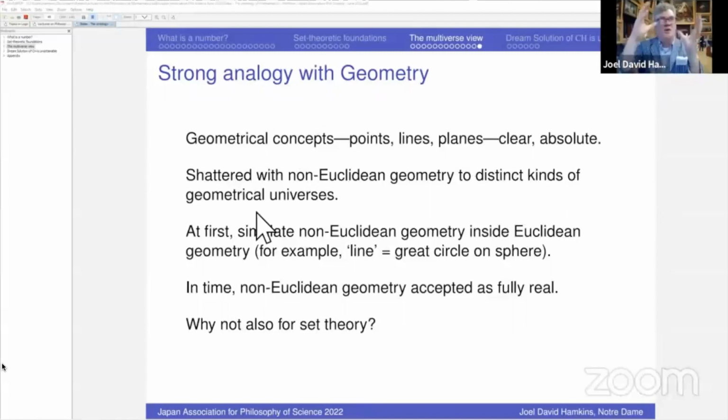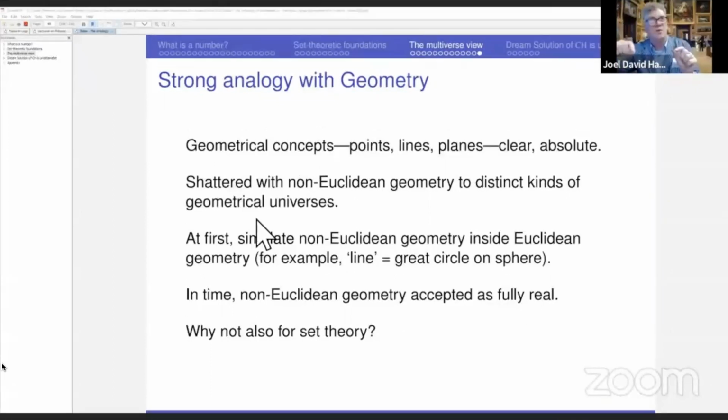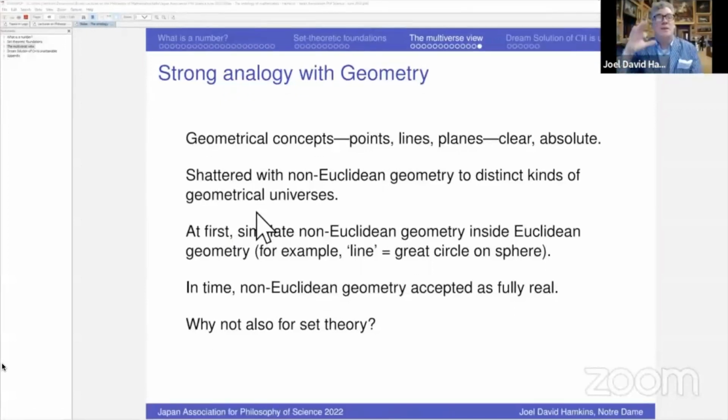For example, if you take the sphere and you think of a line as a great circle on the sphere, then you're going to satisfy the axioms of spherical geometry. You know, two of those great circles intersect in a point, and you can make triangles with 3 right angles. If you start at the North Pole and go to the equator and then a quarter of the way around and back up, you've got a triangle with 3 right angles. And so we can simulate non-Euclidean geometry inside Euclidean geometry, or the Poincare disk, and so on. All of those amount to simulations of non-Euclidean geometry inside Euclidean geometry.